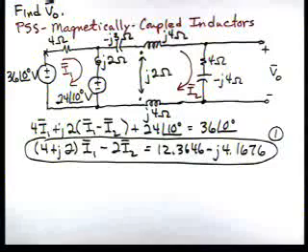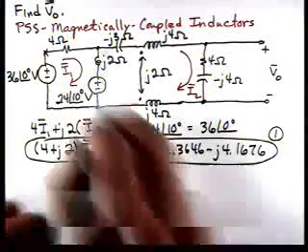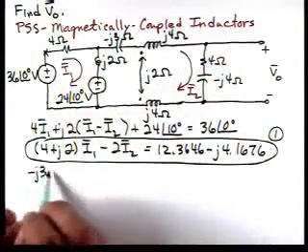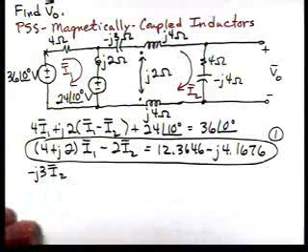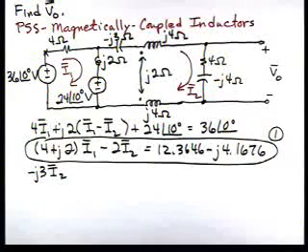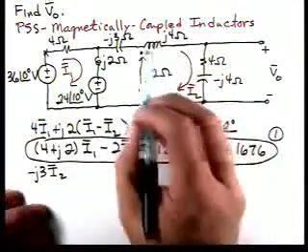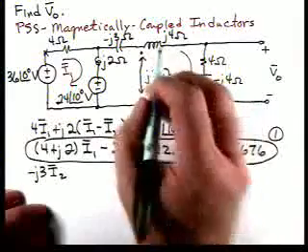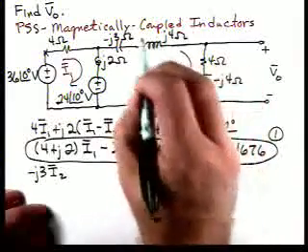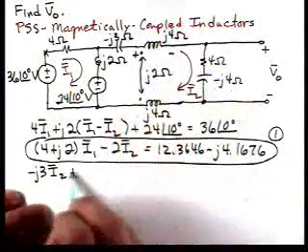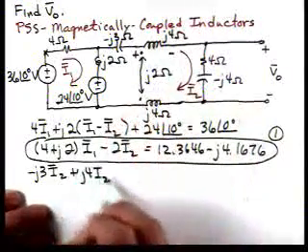Now let's go through the second mesh. If we start here and go around, we'll have minus j3 I2. Now we'll have two terms for this inductor. One is just due to current I2 flowing through this coil, and that voltage polarity is going to be plus to minus, so we'll have j4 I2.